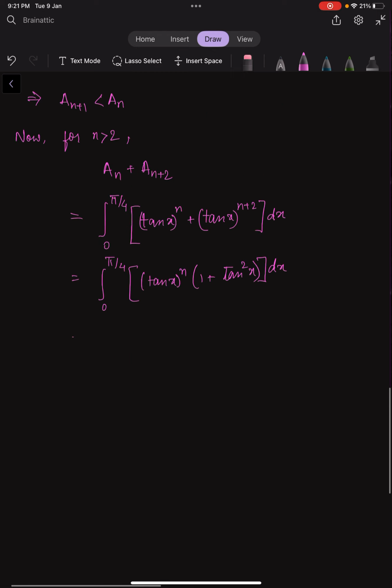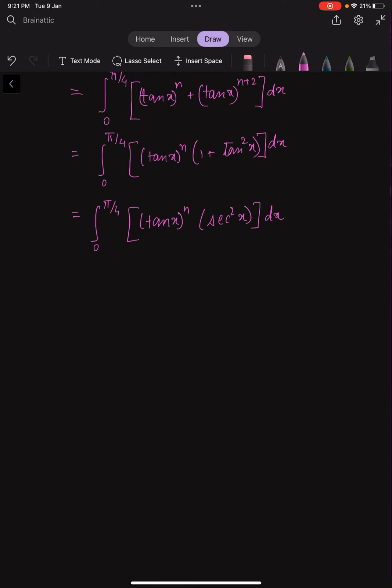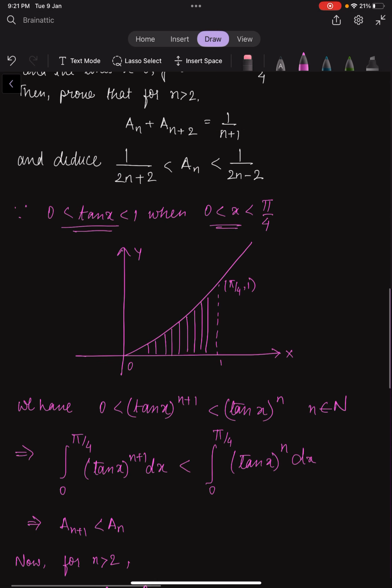Now, if you recall, this is tan x to the power n times secant square x dx. So this we can very easily write as 1 by n plus 1 tan x to the power n plus 1 and apply the limits 0 to pi by 4. And finally the answer is 1 by n plus 1. So we have proved the first part of the question.